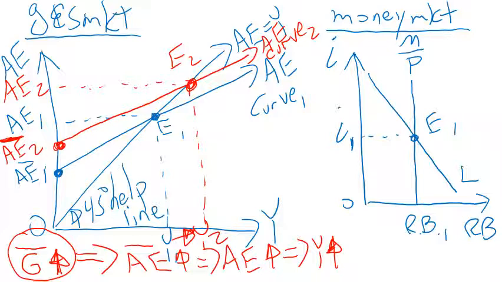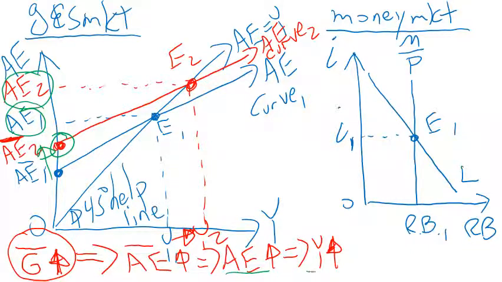You notice they went from autonomous AE1 to autonomous AE2, right there, yeah? And aggregate expenditures also went up from AE1 to AE2.